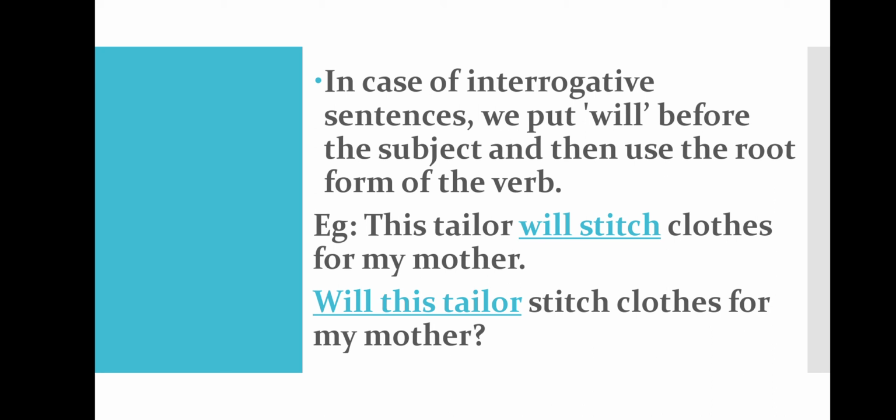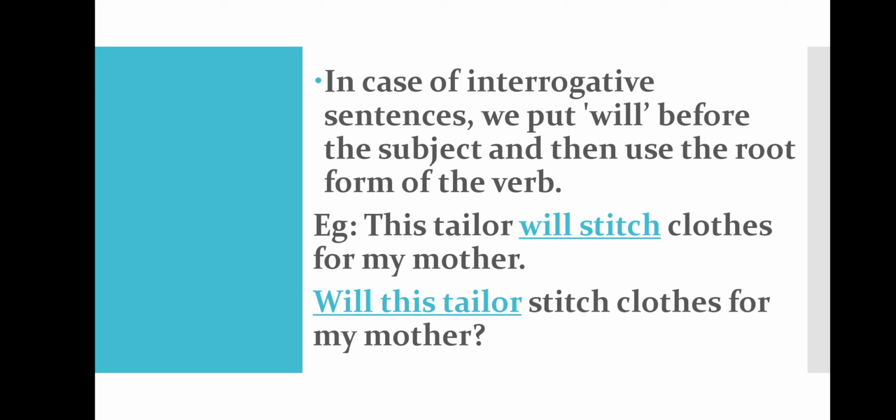This tailor will stitch clothes for my mother. This sentence we have changed into a question sentence. Look at this. Will this tailor stitch clothes for my mother? So what happened is we have started the interrogative sentence with will. Then the subject, in this sentence the subject is this tailor.